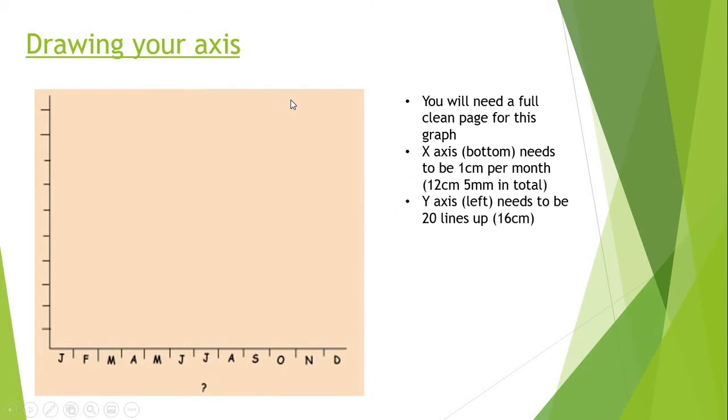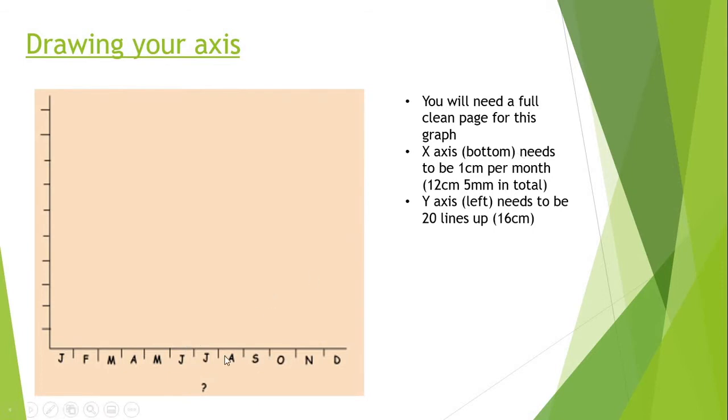Drawing your axes. It's nice and easy to start off. It looks like a traditional bar graph. You'll need a full clean page for this graph. I've practiced on an A5 workbook. A4 will be fine, or any notepad you have at home. Because not all of you will have access to graph paper, we're going to talk about lines and centimetres. You will need a ruler which you can measure with.